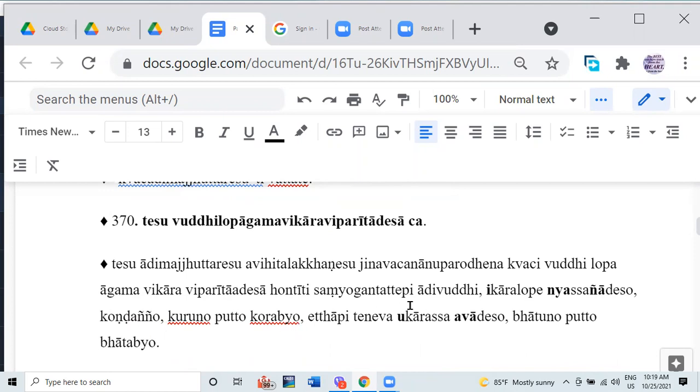So although there is double consonant, there is initial strengthening, RDOD, by this sutta, and then the ikara is dropped. Ikara lopi.